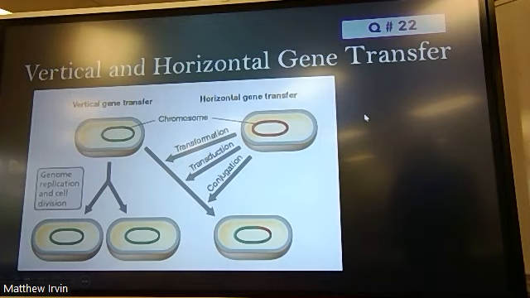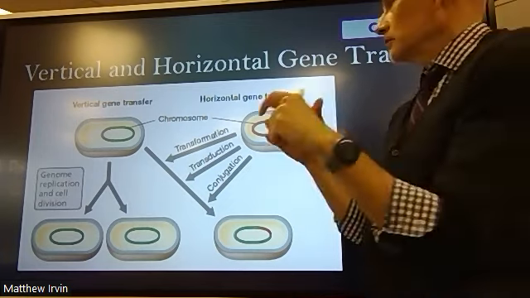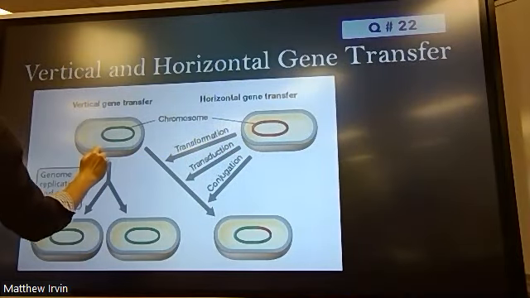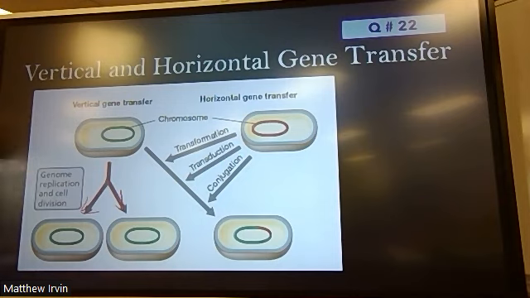The difference between vertical and horizontal gene transfer. The DNA that you got from your parents down to you is called vertical gene transfer. When bacteria just split in mitosis, that's vertical.